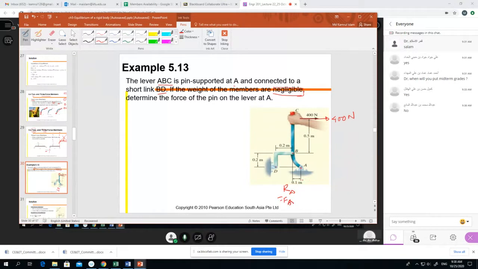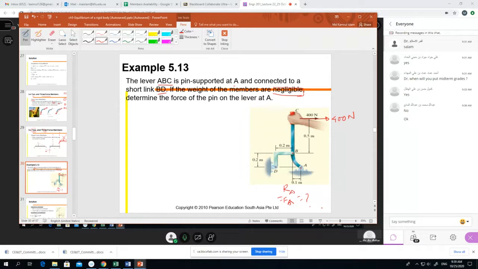Now clear? So you have to find FA. That's it. That is our question, only that.